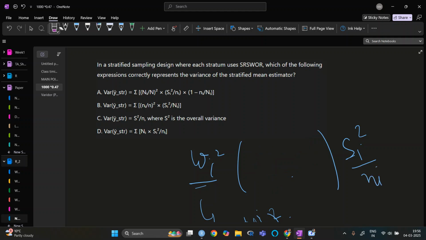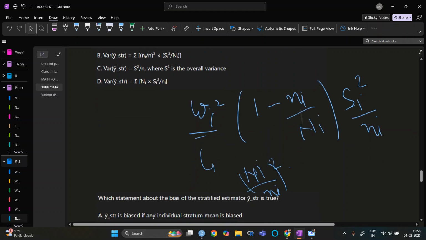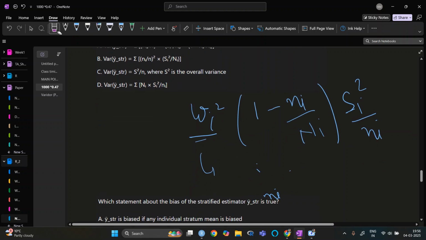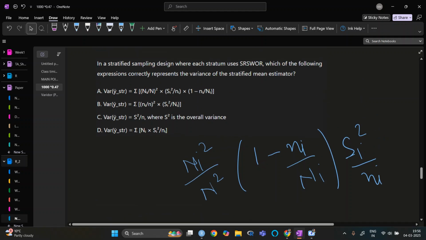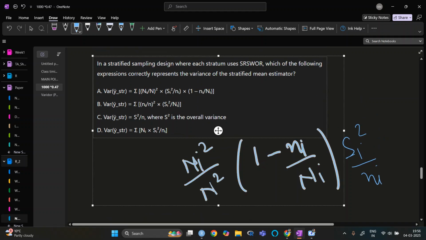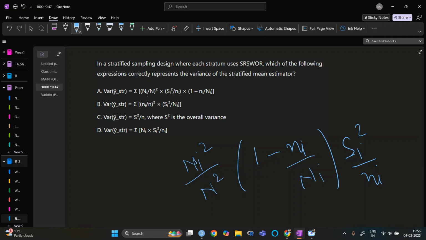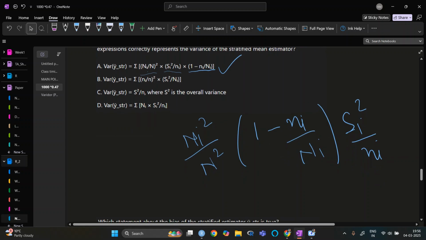So this will become 1 minus ni upon capital Ni, and this Wi square is Ni square upon N square. So the first one will be the correct answer, which is summation Ni square into Si square upon ni in bracket 1 minus ni upon Ni. So this one is the correct answer.